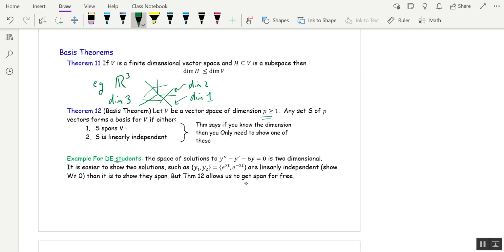Well, it's easy to show those 2 solutions are linearly independent. We can take their Wronskian and show it's not 0. It's harder to show they span the set of all solutions, but you get that for free. If you can show they're linearly independent, then they automatically span because you know the dimension of the vector space ahead of time. So that's an interesting theorem.